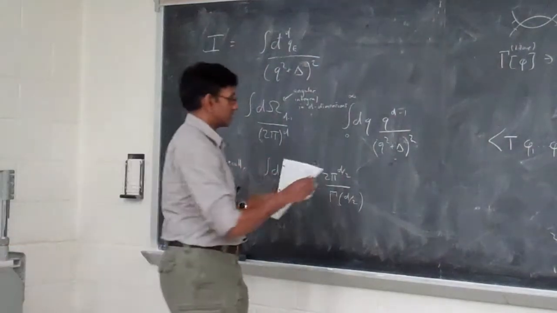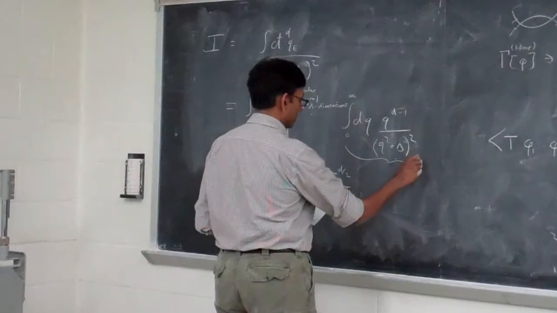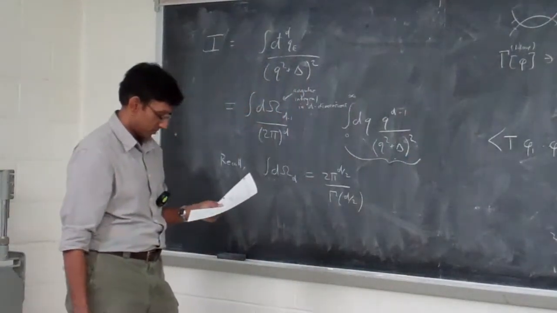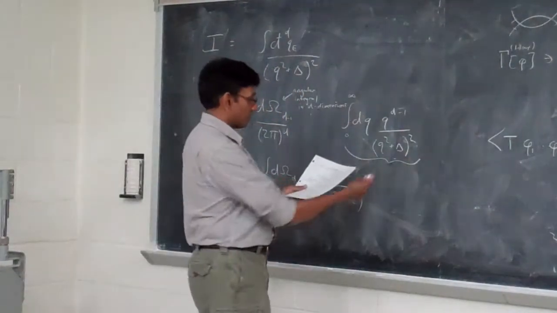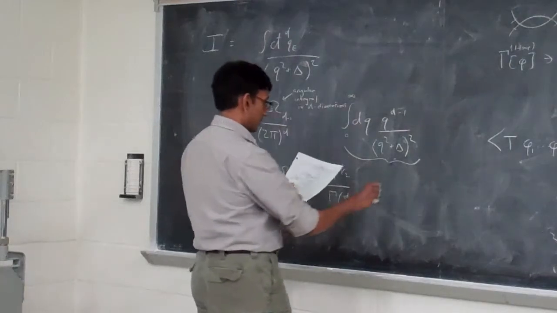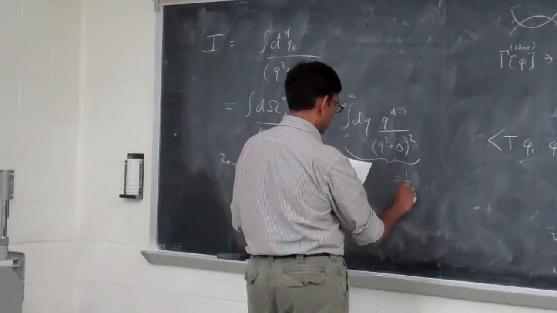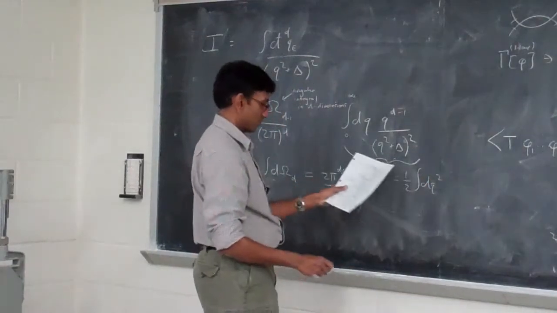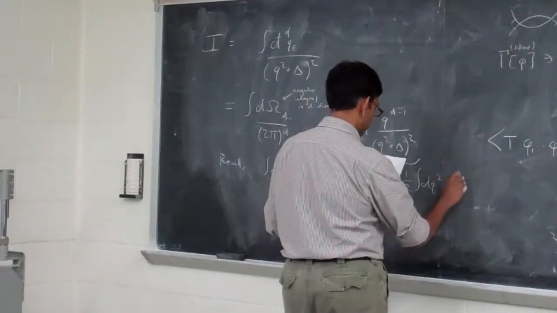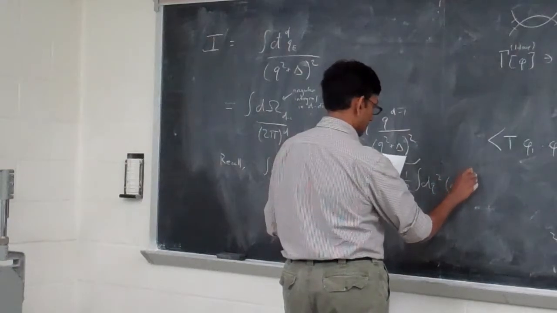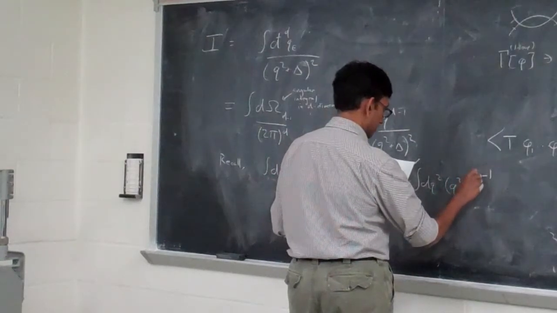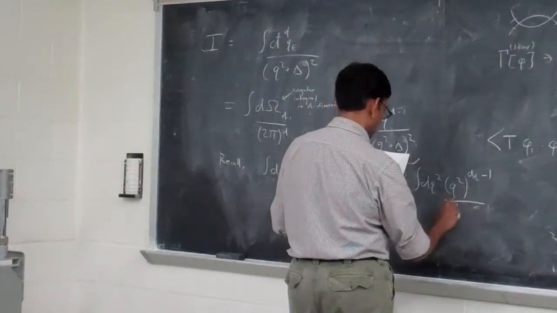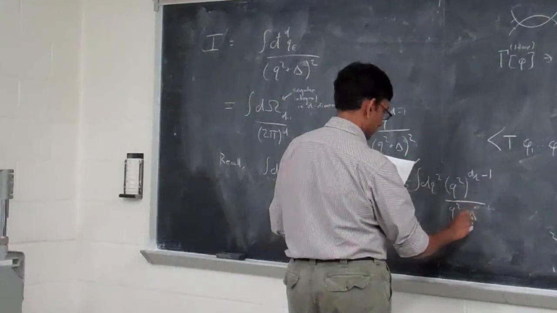Then this integral is some function of delta, but it is equal to a half. We just prefer to use the dq squared variable, so it's q squared to the d over 2 minus 1, divided by q squared plus delta.